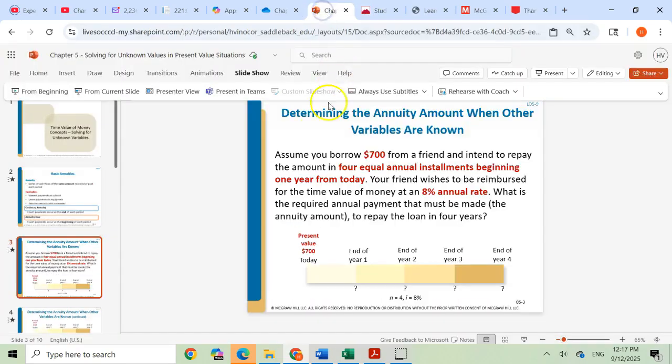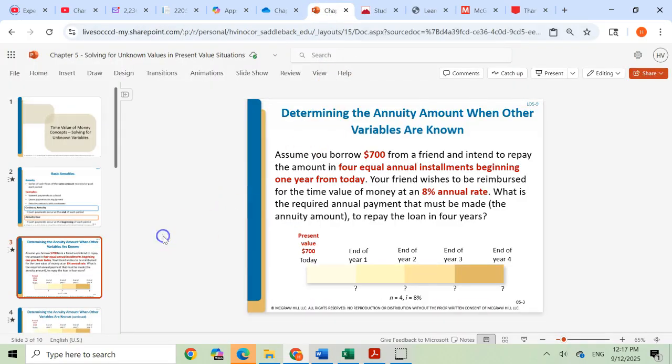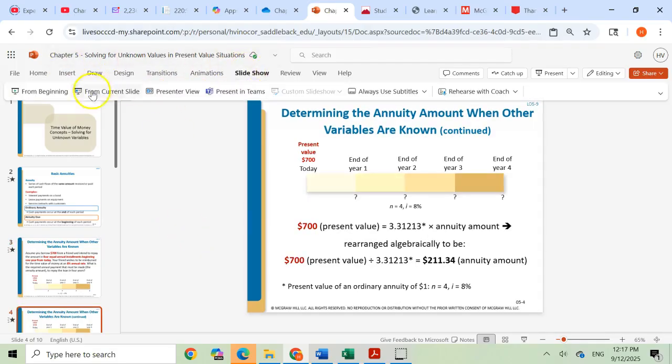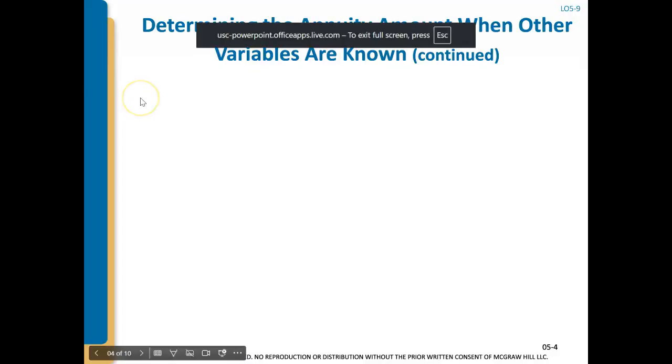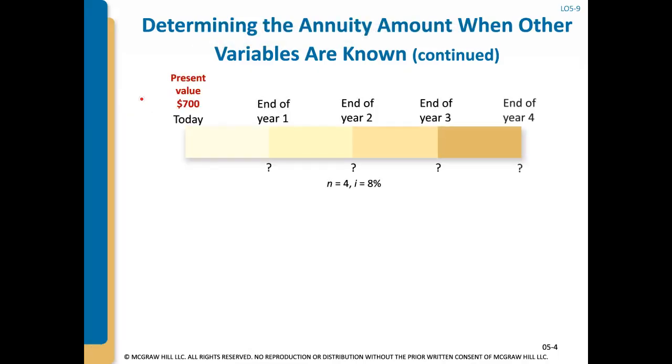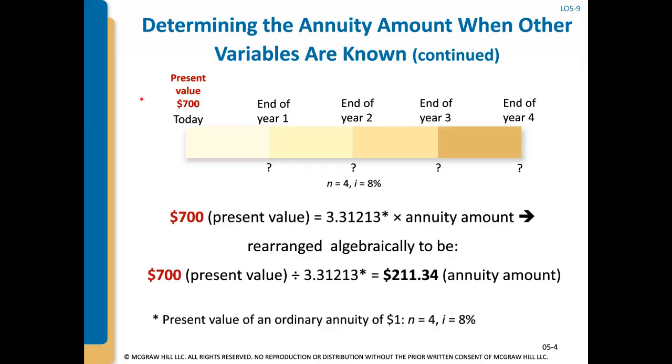So if I go back to my equation, I have my $700 equals some annuity amount, which is X, times the factor, which is 3.31213.